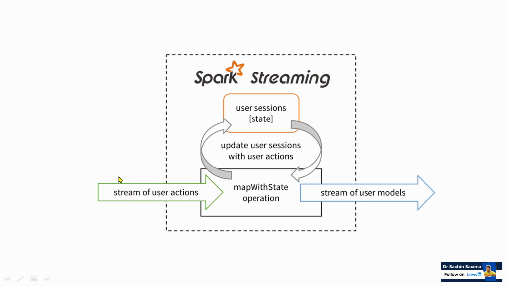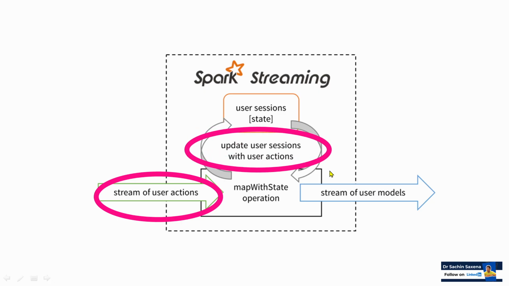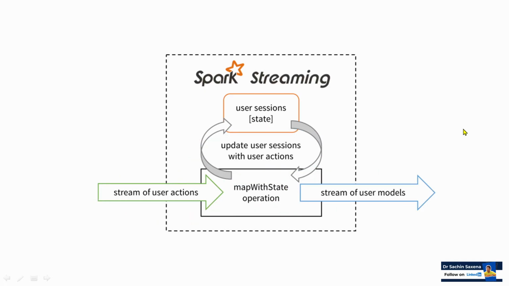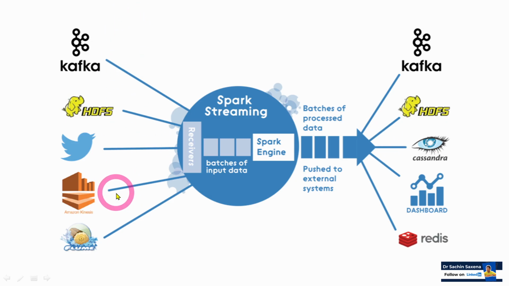Here you can see the first part is there. Then it is going to update the user session with user actions and the stream of user models here, and map with state operation over here. Okay. Now let's see what kind of resources are available and what kind of write data is available.